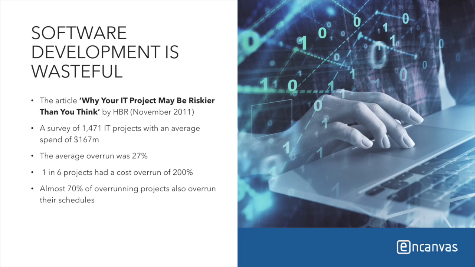And what it found was the average cost overrun was 27%, while 1 in 6 projects had a cost overrun of over 200%. Additionally, almost 70% of overrunning projects also overran their schedules.